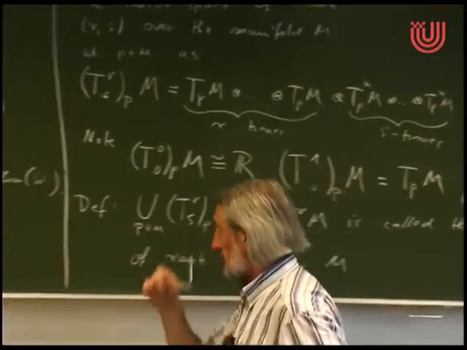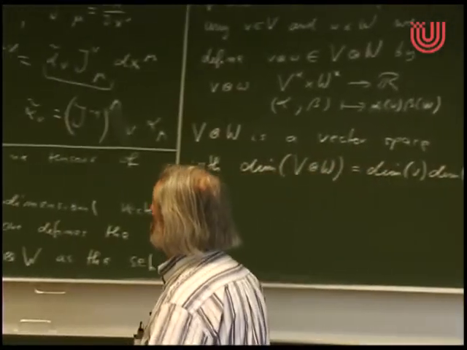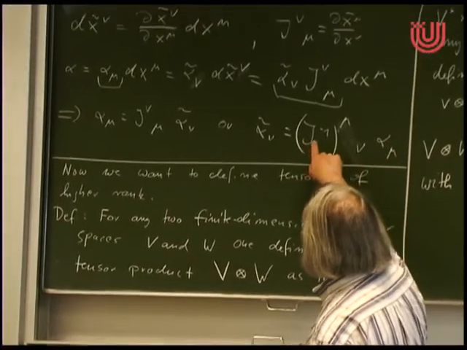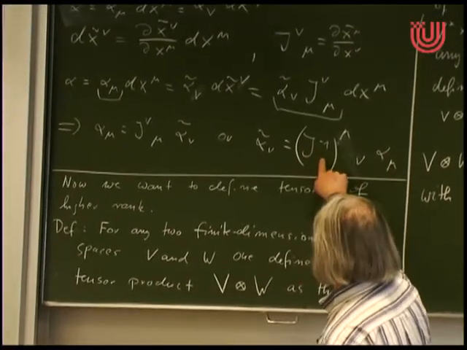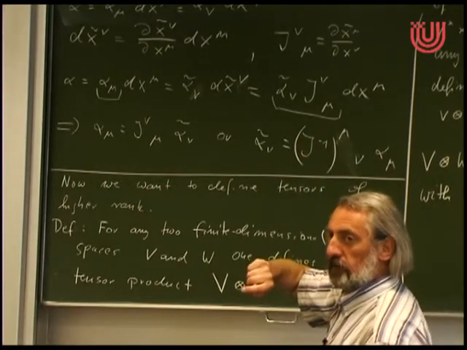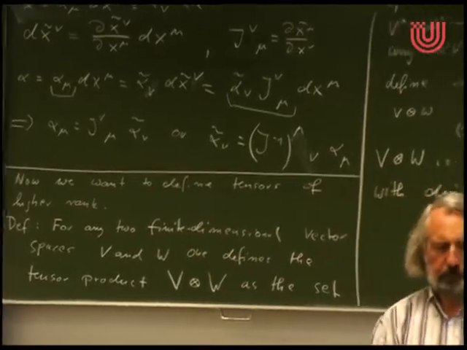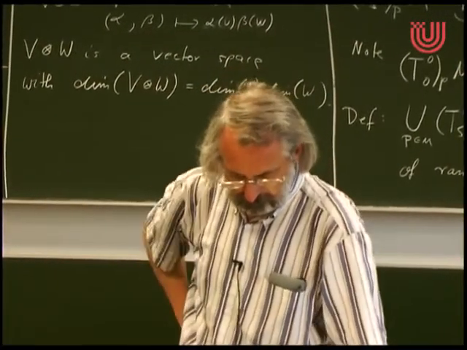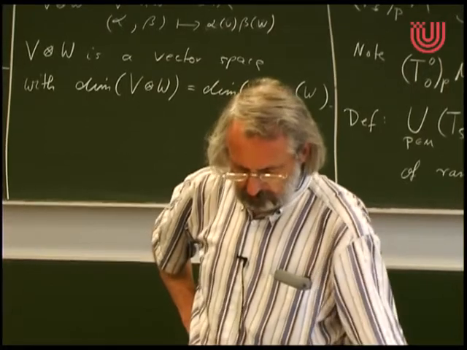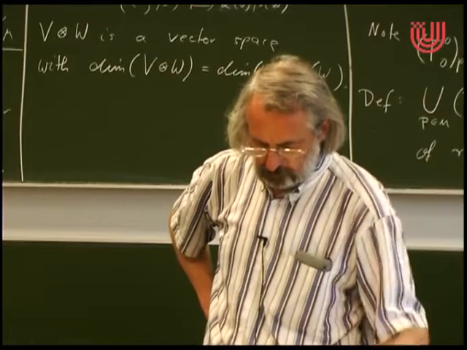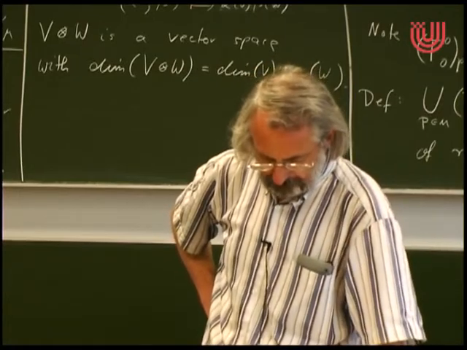This refers, of course, to the transformation behavior. For some strange reason, one calls the transformation behavior with the inverse Jacobi matrix covariant, and the one with the Jacobi matrix itself contravariant. That's a terminology which has become common in the course of time. So if you hear something about contravariant or covariant tensors, this just refers to the position of the indices.